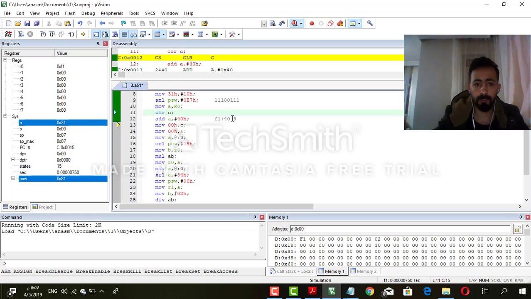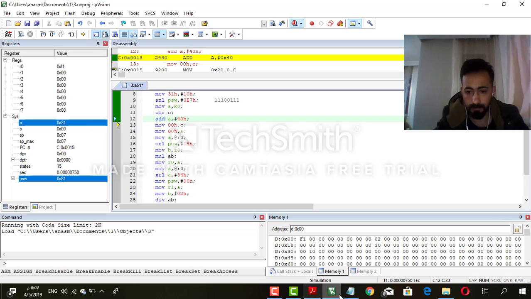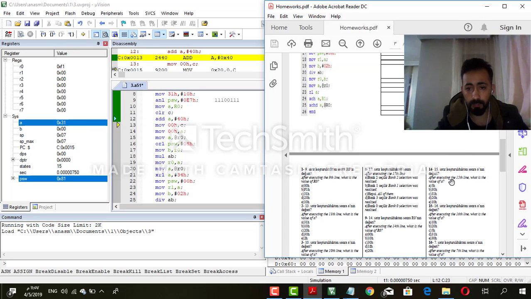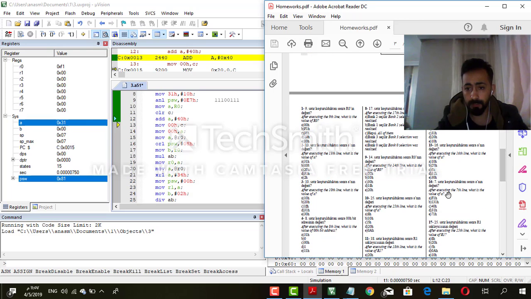The answer is 31. So also this is question number 16. What's the value of A? The value of A will be 31, as I said.